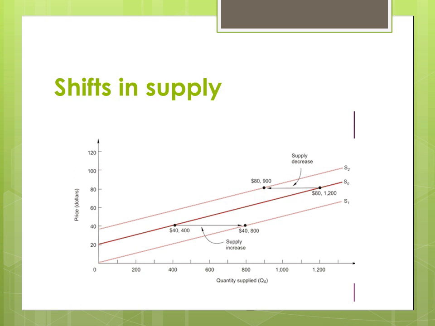It may be due to improvement in technology, and it can also be more favorable weather for agricultural products, so it will shift the supply curve rightward and downward. Because when improvement in technology occurs, the price of resources used in the production of a commodity will decrease.